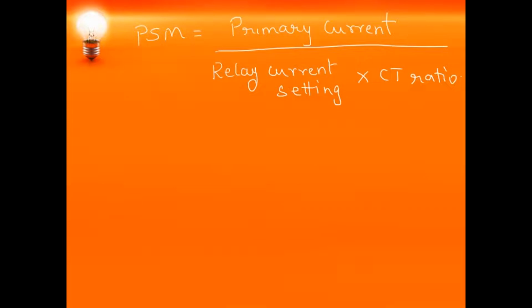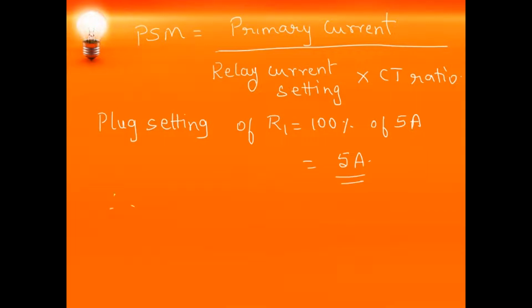Plug setting of R1 is 100% of the rated current, that is 5 amps. So the relay current setting is equal to 5 amps.